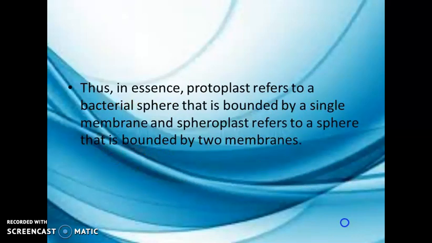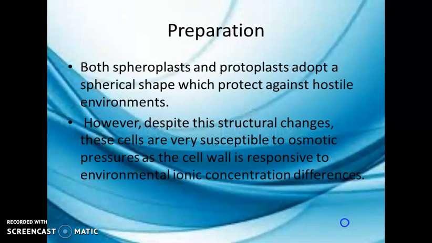Thus, in essence, the protoplast refers to a bacterial sphere that is bounded by a single membrane, and sphaeroplast refers to a sphere that is bounded by two membranes. Next is the preparation. How can these forms be prepared? Both the sphaeroplast and protoplast adopt a spherical shape. Why? Because this shape protects them against hostile environments.